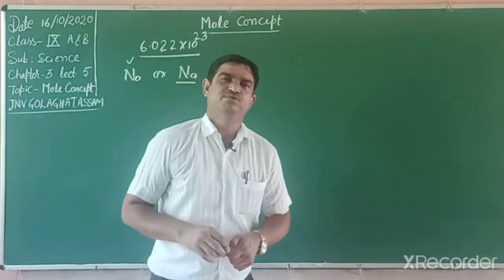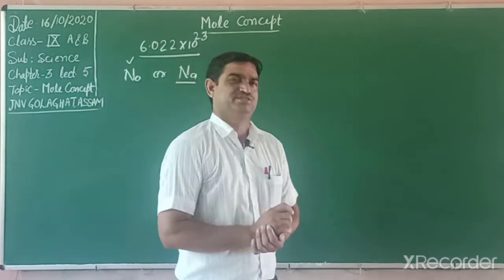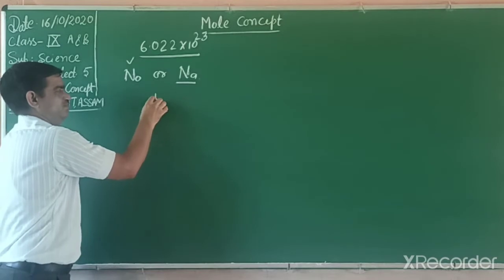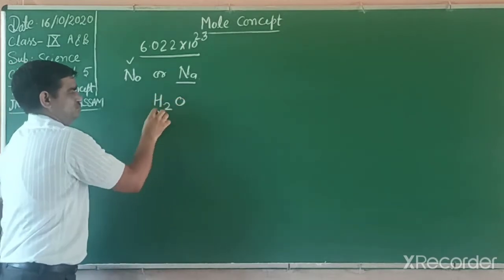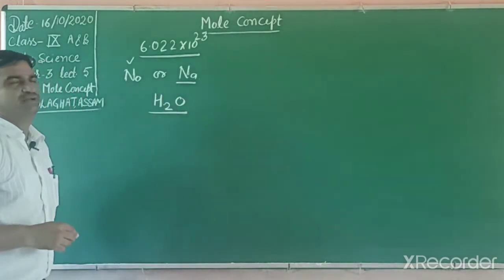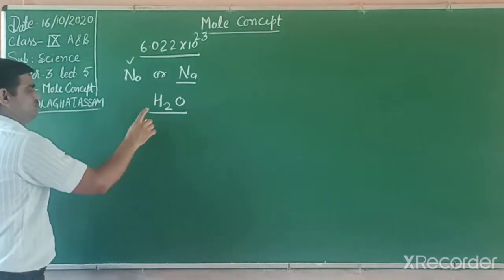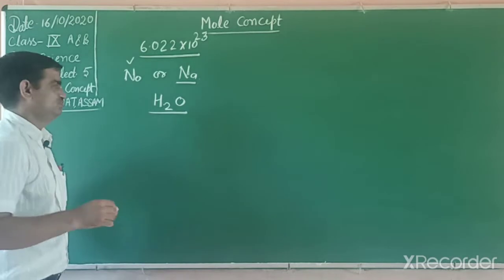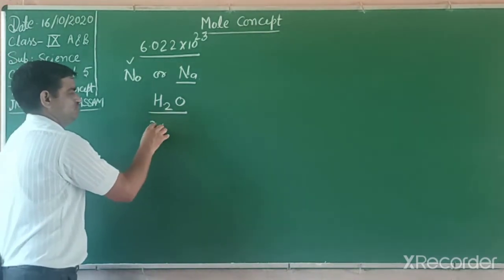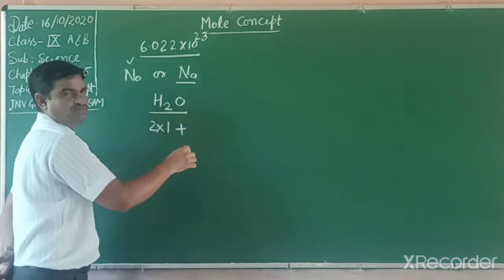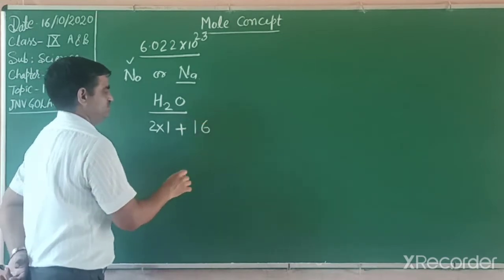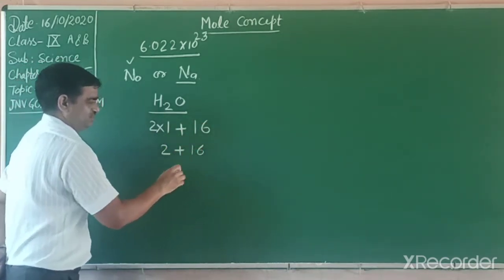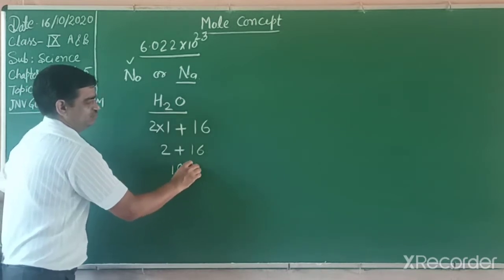This Avogadro number of molecules, how can we find their mass? Students, at first we explain with the example of water. So first you calculate the molecular mass. The molecular mass we discussed earlier: hydrogen is 1U, so 2 into 1, plus oxygen mass we know is 16 unified mass, then the total sum 2 plus 16 means 18U.